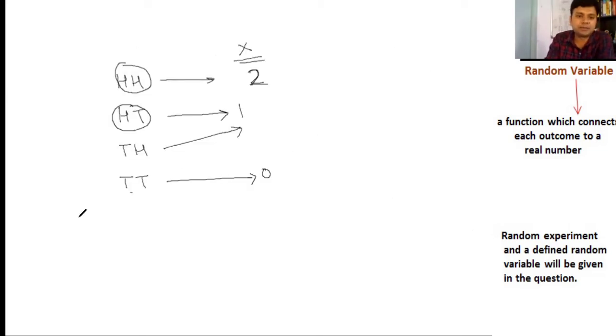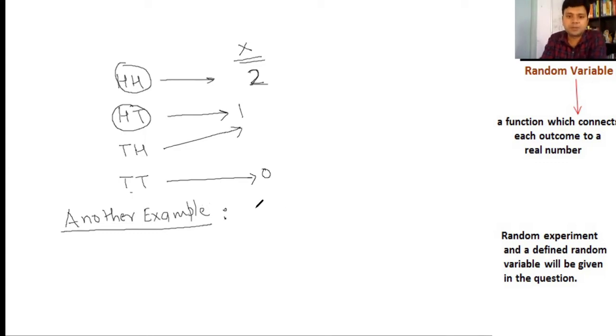Let us take another example. Again, we must have a random experiment. Say 3 coins are tossed.